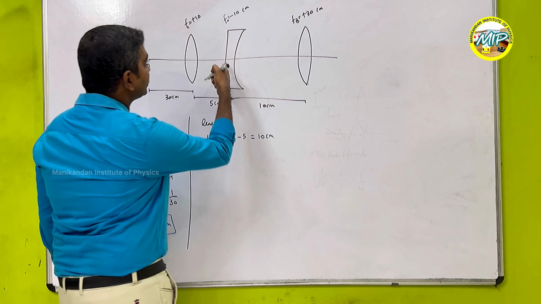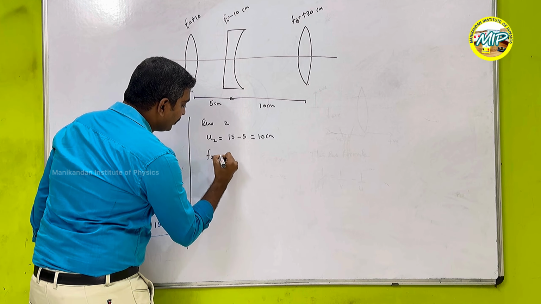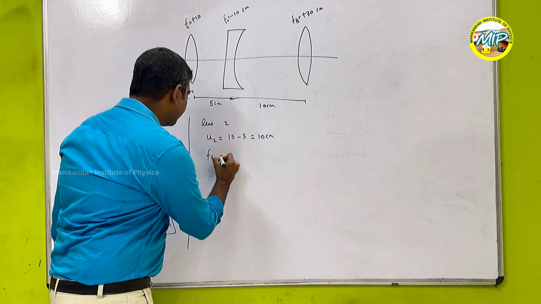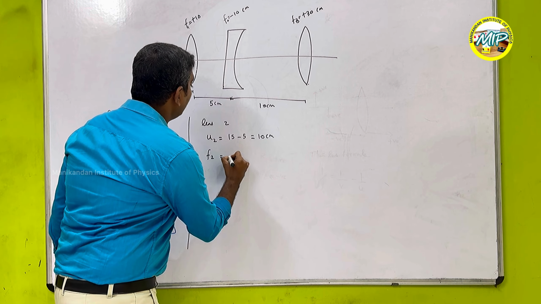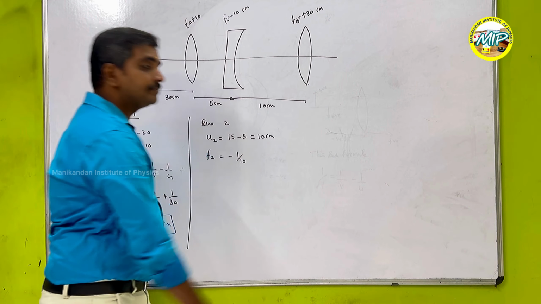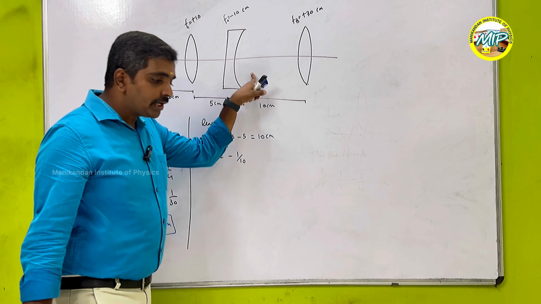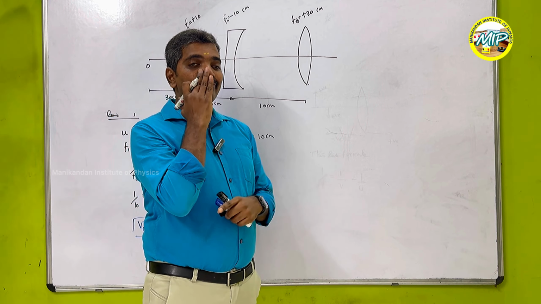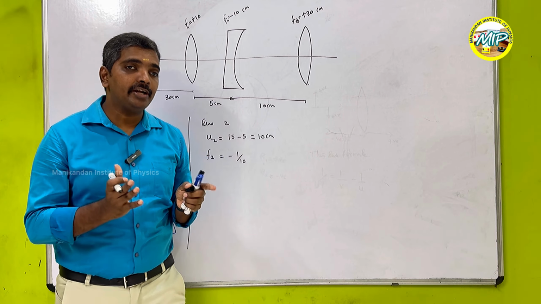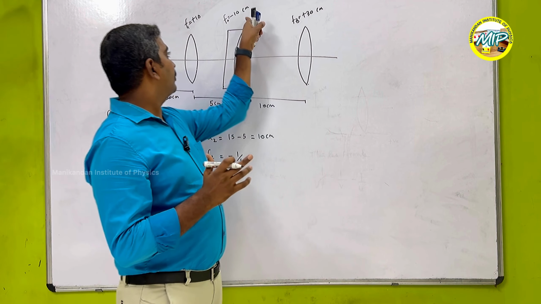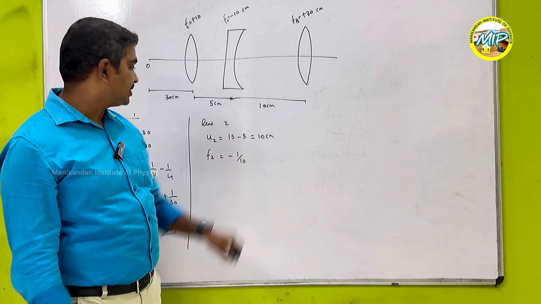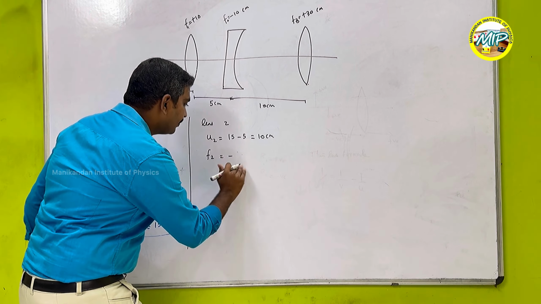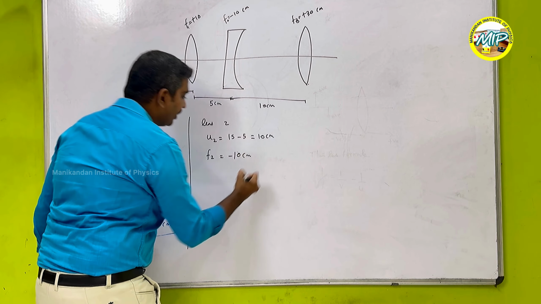Next, the focal length of the second lens is given, so f2 equals minus 10. Planar concave means plane, so the radius of curvature is infinity, and only this curvature is given. So f2 is minus 10 centimeters.